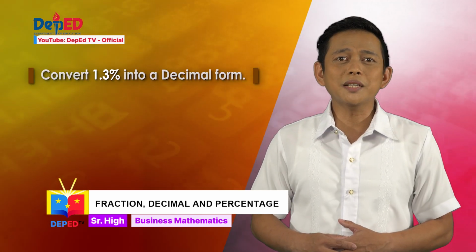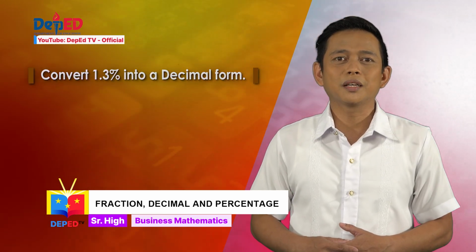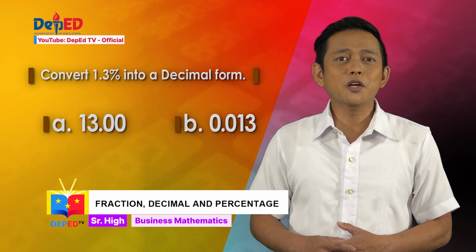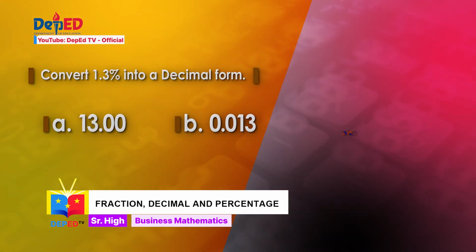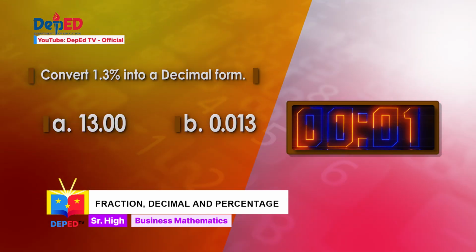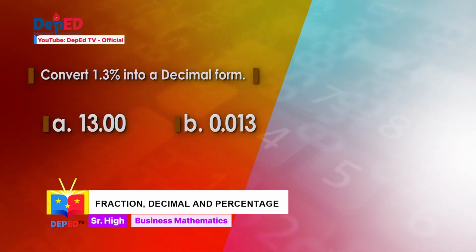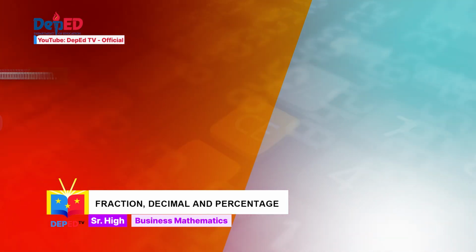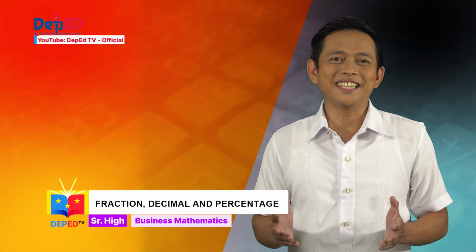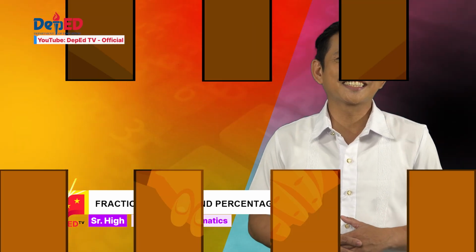Convert 1.3% into a decimal form. A, 13.00 or B, 0.013. Did you get a perfect score? I know you did. Congratulations!